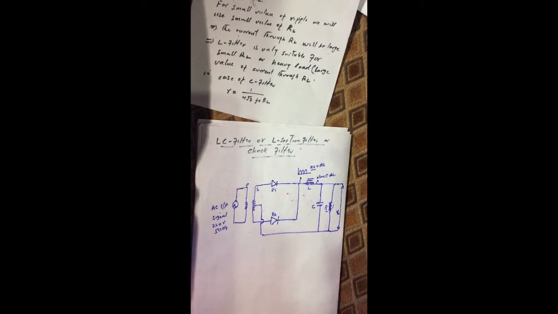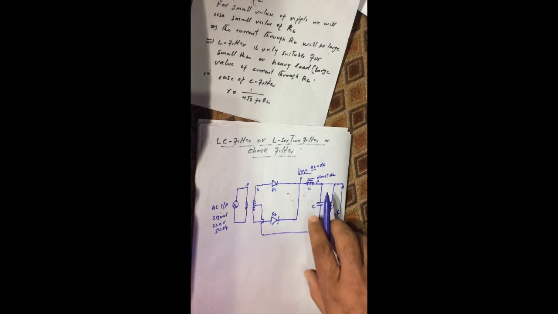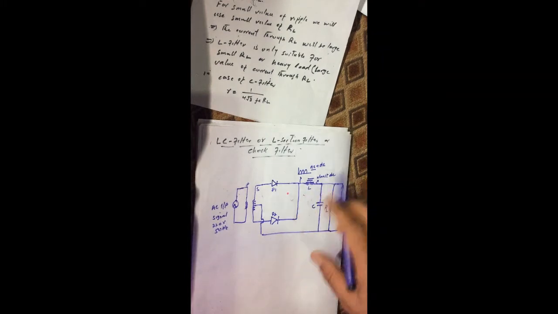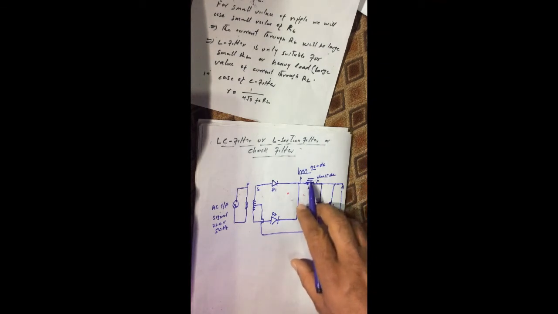It blocks the AC current above the second harmonics, like the third, fourth or fifth harmonics, while the second harmonics might pass through this inductor because the frequency of the second harmonics is small.